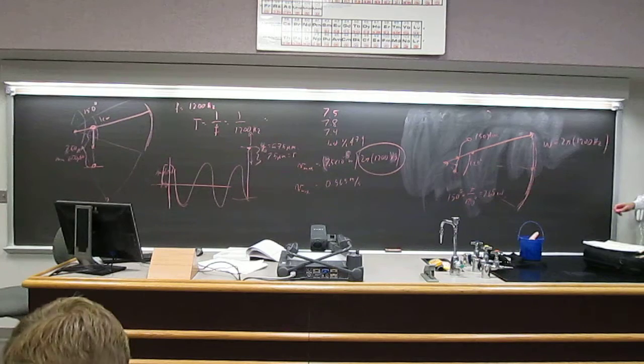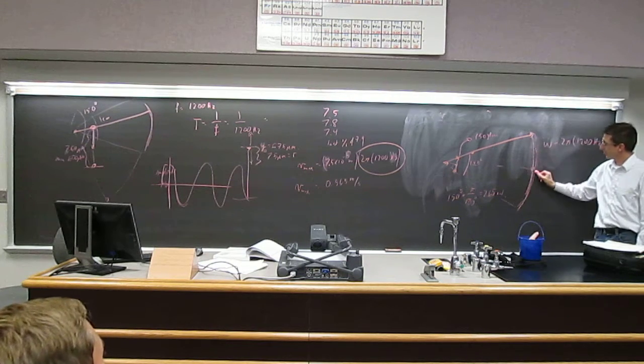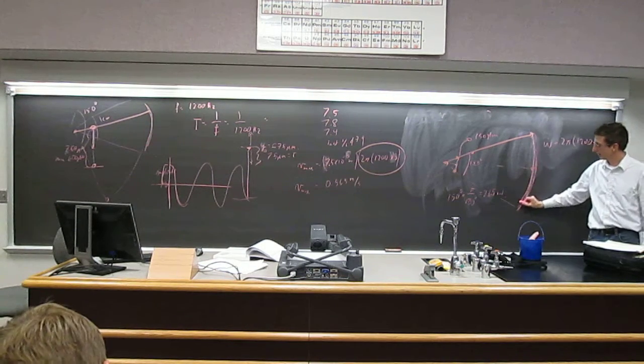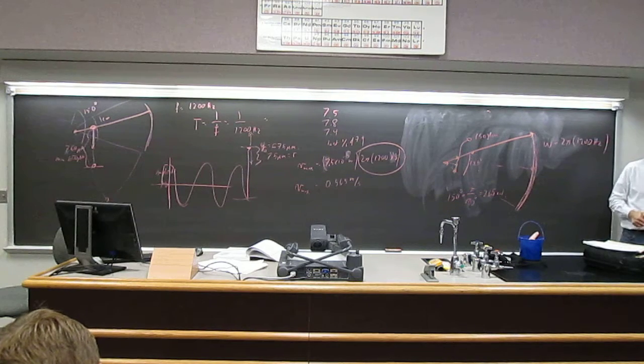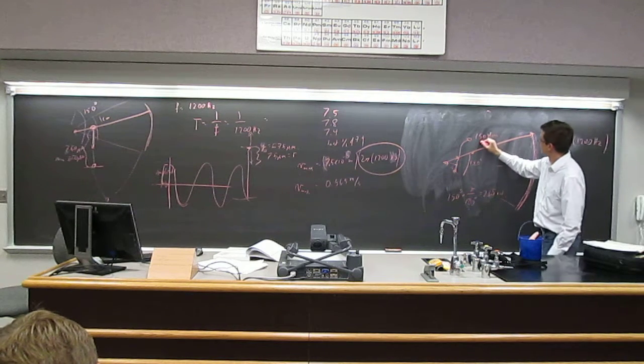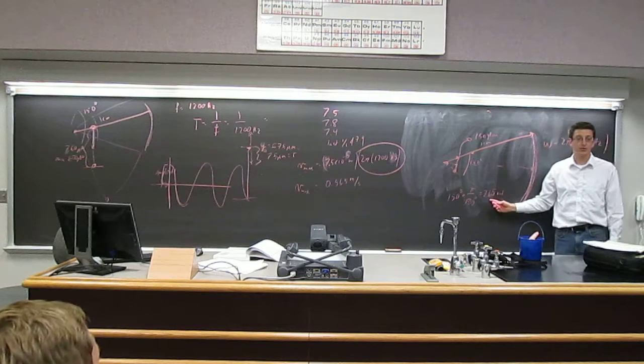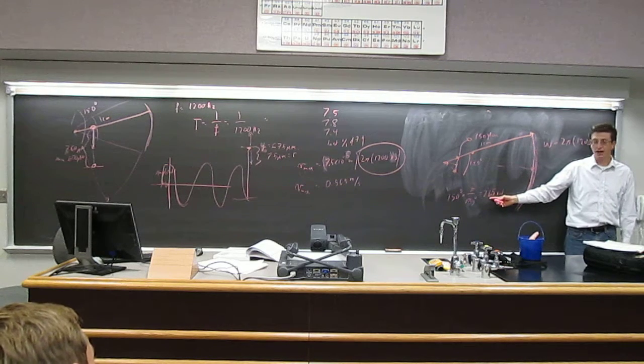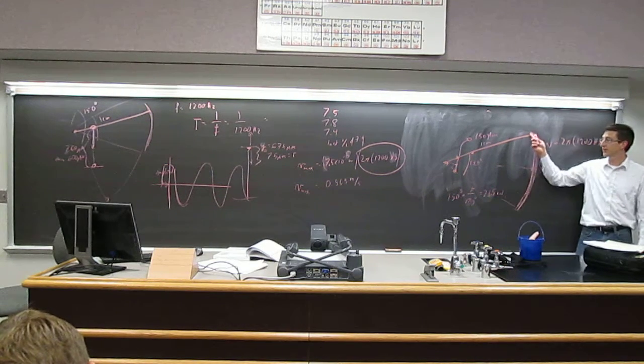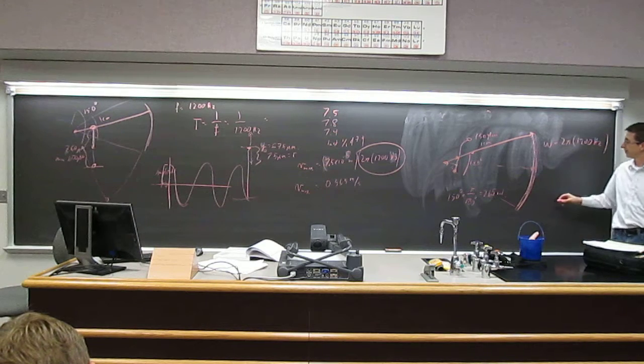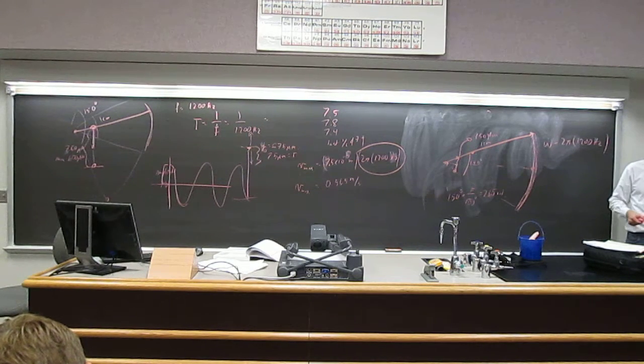So that means this distance moved here is actually 2.62 centimeters. Radius times the angle will give you the distance, the arc length. So r theta is arc length.